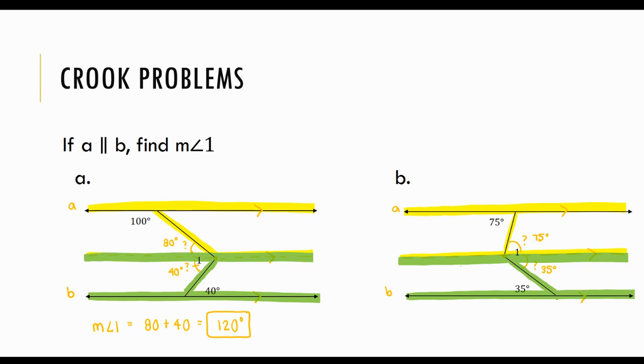And with parallel lines, those are congruent. So now that I know that part of angle 1 is 75 and the other part is 35, I get to add those 2 pieces together to figure out what the measure of angle 1 is. So 75 plus 35, that is going to give us a 110-degree angle.